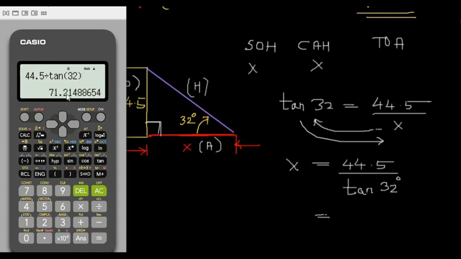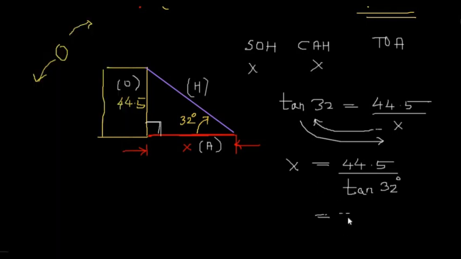We get it as 71.21 meters. So this is the new length of the shadow formed when the angle of elevation is 32 degrees. So this is how we relate the angle of elevation and angle of depression with the trigonometric ratios.